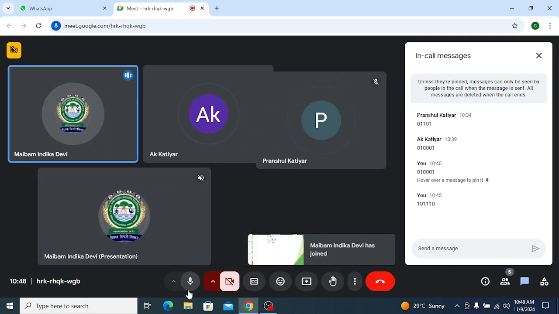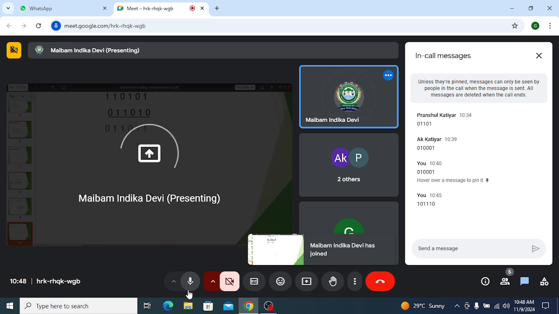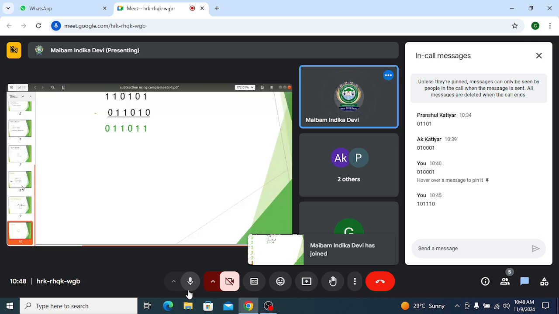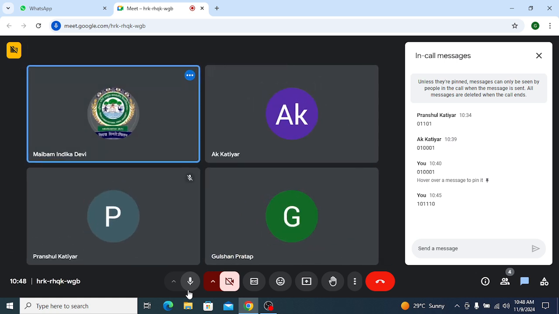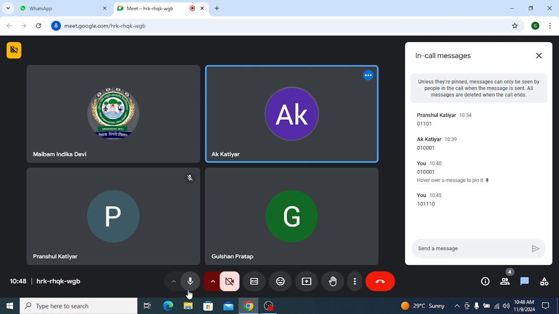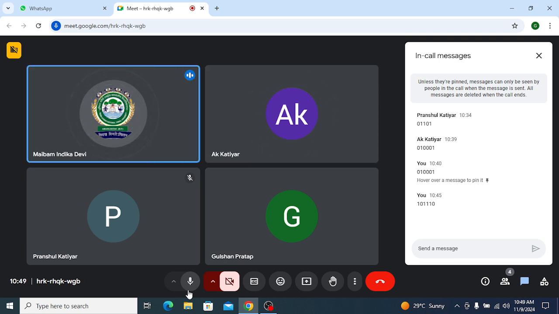This is our binary addition and subtraction. Now, when we perform subtraction, just now we have done, there is a borrow bit involved, right?